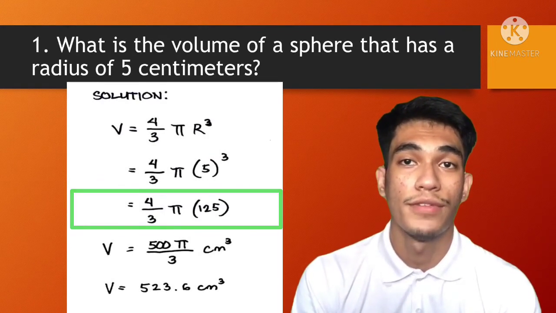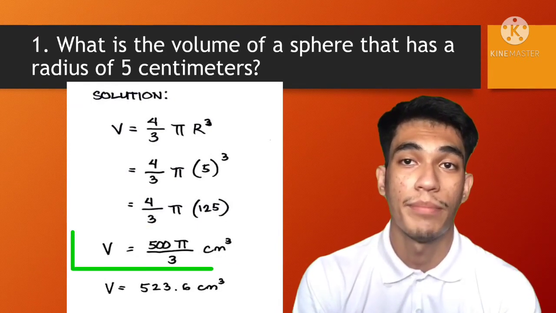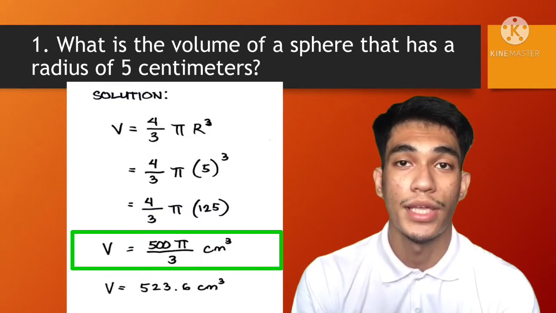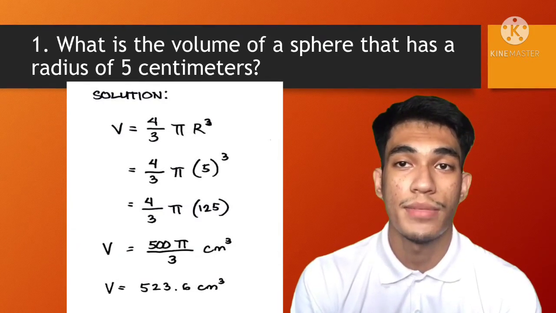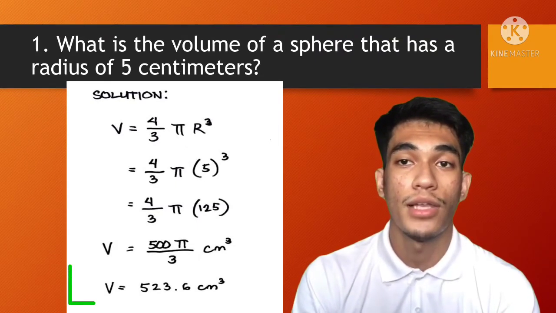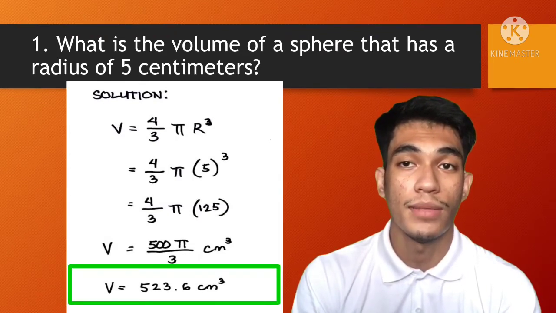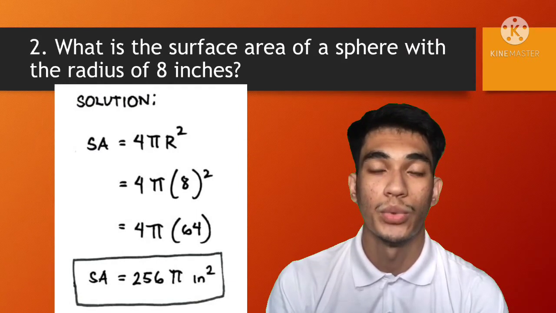And 125 times 4 is 500, so the answer is 500 pi divided by 3, and the unit is cubic centimeters. If we want to get the decimal equivalent of that answer, we can just type it in our calculators. Then we will have the value of 523.6 cubic centimeters.